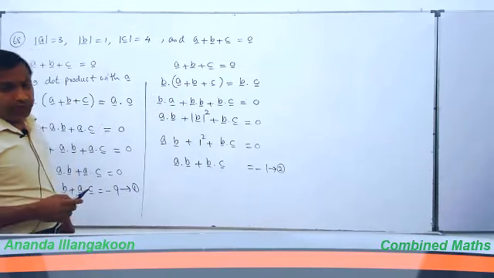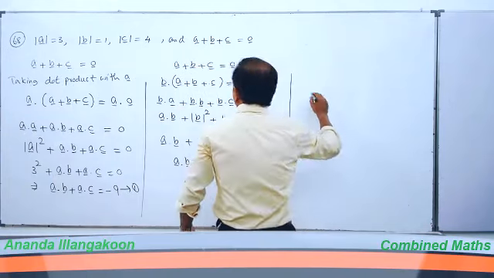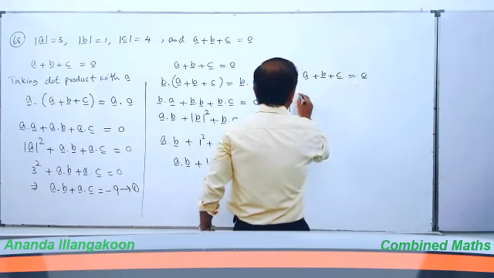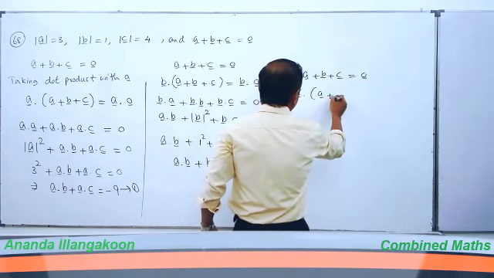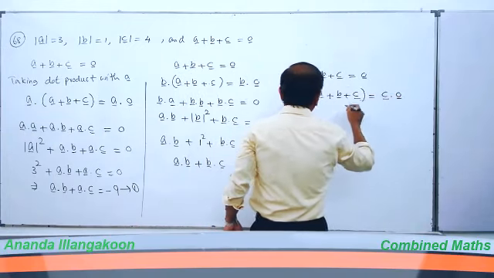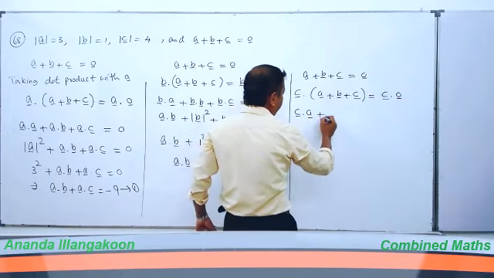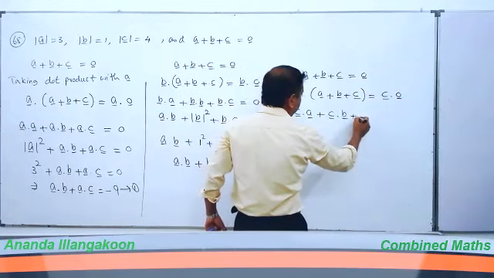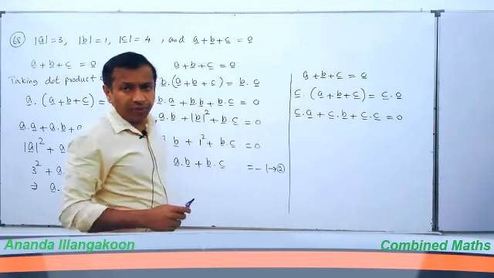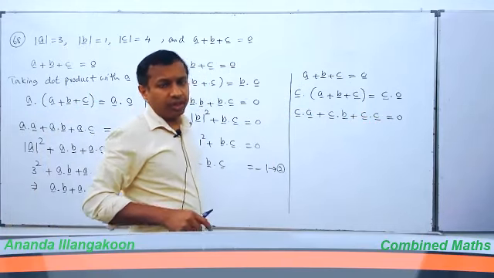Right? Third one. We take the dot product on both sides with vector C. C dot A plus B plus C is equal to C dot null vector. Remove the bracket by using the distributive law: C dot A plus C dot B plus C dot C is equal to 0. C dot A is the same as A dot C, because though we interchange the order of taking the dot product, the answer won't change.